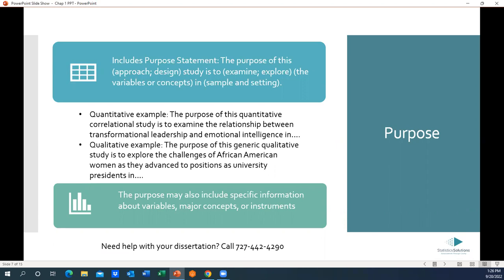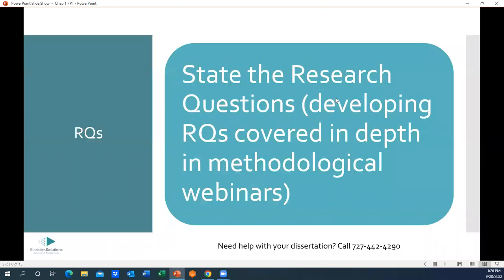Those are the only two times you get a pass on that. If it's not the purpose statement or the research questions, if you're trying to pull material from one section and use it in another section, professors frown on that, so don't do that. Only with the purpose statement and the research questions. The research questions themselves: this is not a methods seminar, so I'm not going to go into how to develop research questions.